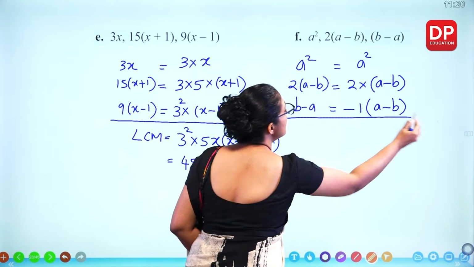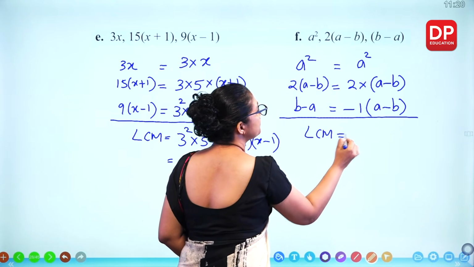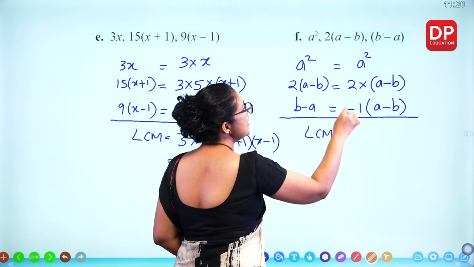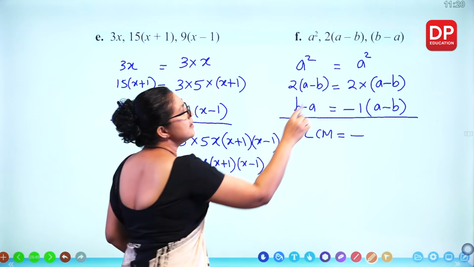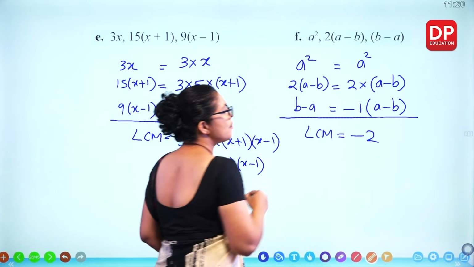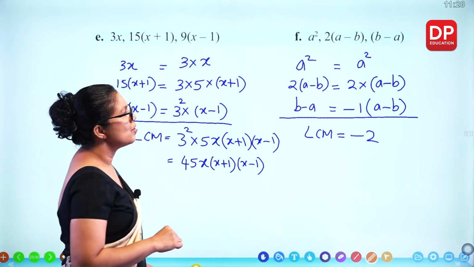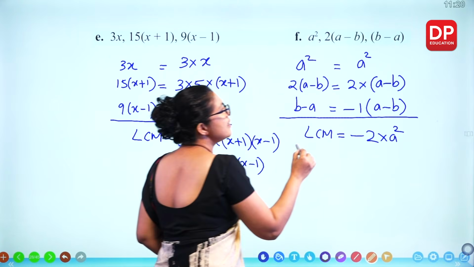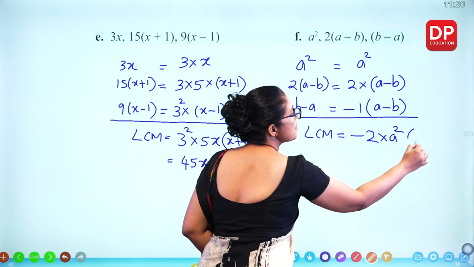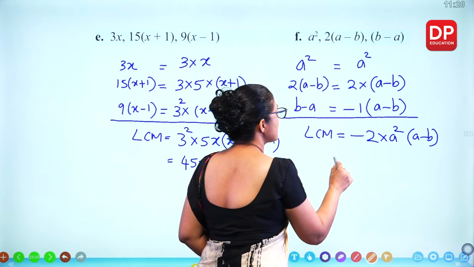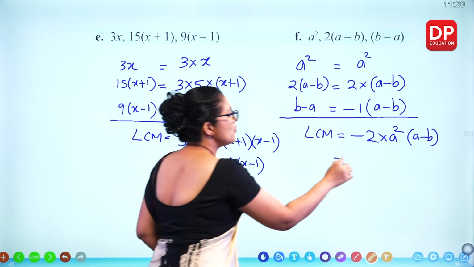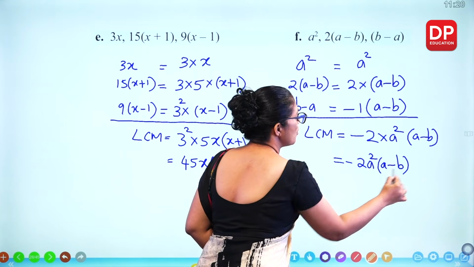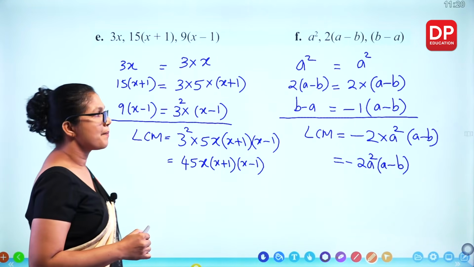Now look at the lowest common multiple. We see minus sign is there. When you take power of 2, you get 1, 2, and when you take power of a, you get a squared, and when you see another expression, a minus b. So what's the lowest common multiple? You get minus 2a squared into a minus b.